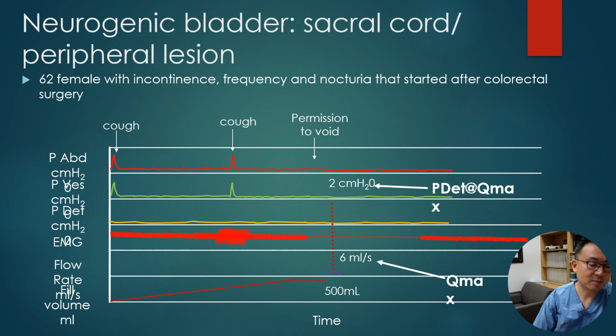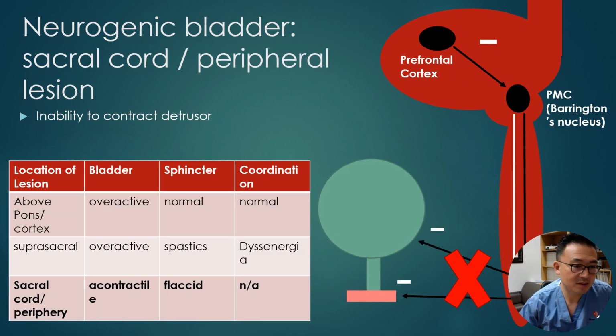So this is probably an acontractile detrusor muscle due to nerve injury. Again, we see a very poor urinary flow, and this patient is likely not voiding to completion. So if we look at sacral cord and peripheral lesions, the bladder usually is acontractile and the sphincter is flaccid.